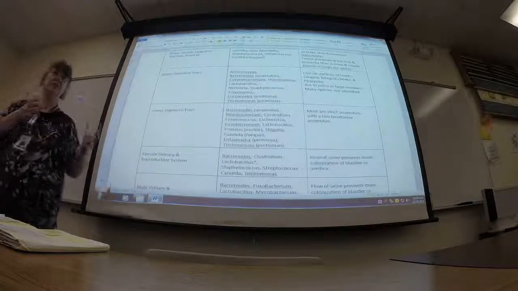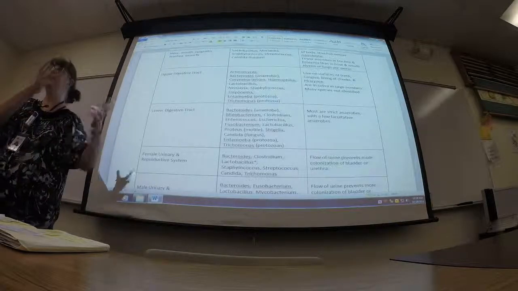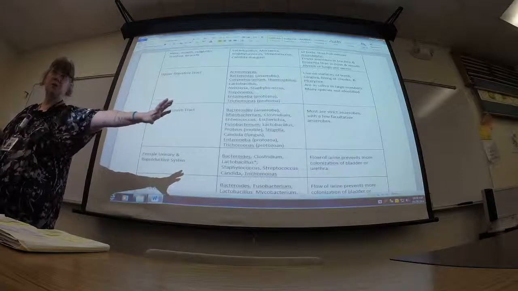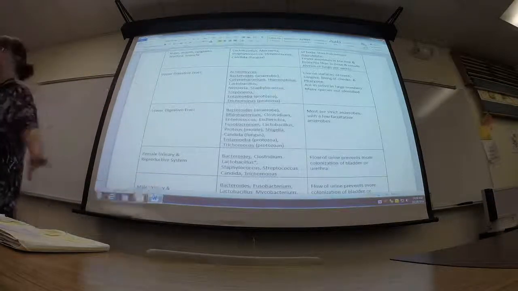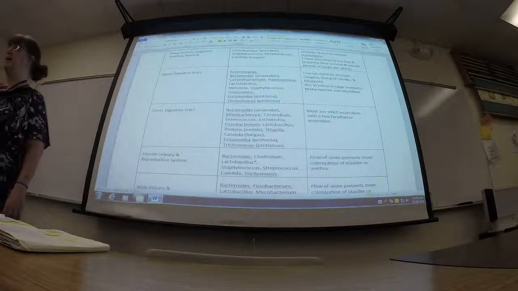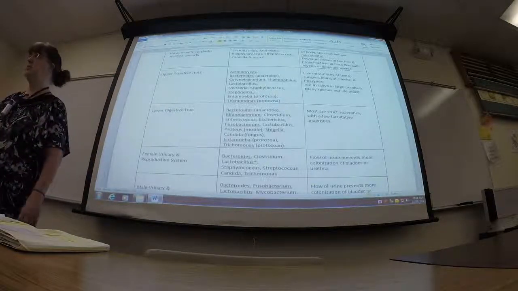In fact, they're doing fecal transplants from people who are healthy into people who have C. diff. Because what? The organisms are different. And they're thinking about making pills now. They already have pills with healthy microorganisms in them to put into a person's intestine.